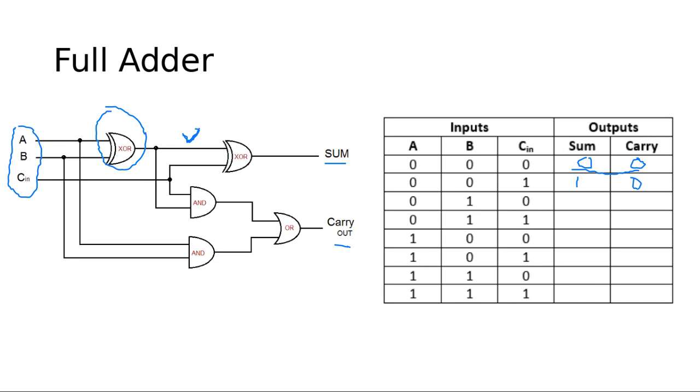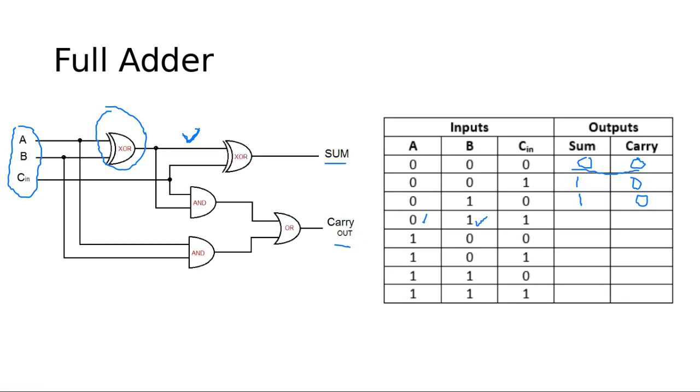Okay, 0 plus 1 means 1, and you have 0, right? Let's do this. You have 0 plus 1, and you get 1, right? 0 plus 1 means 1 in decimal.